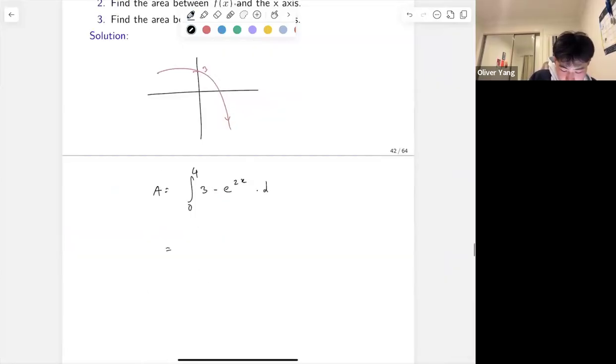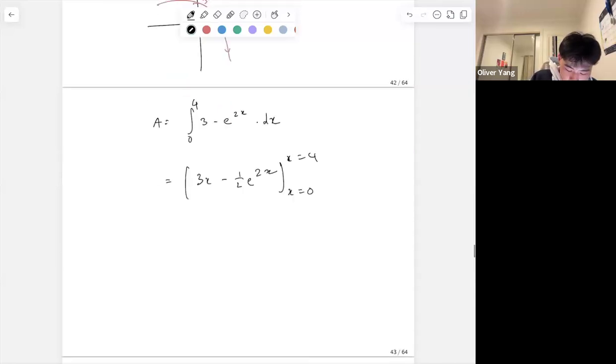And I'm sure everybody can do this. So it's 3x minus 1 half e to the 2x, from x equals 0 to x equals 4. Then you just sub it in.